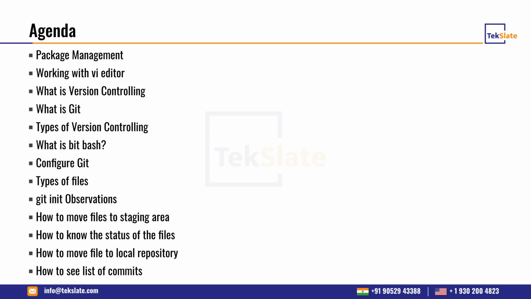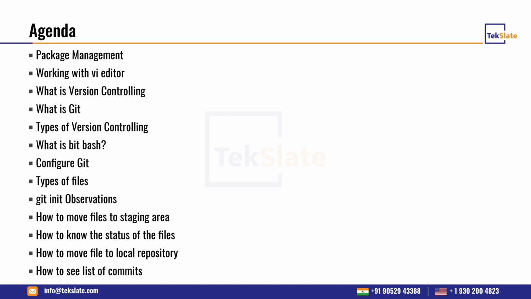In this course, I will cover package management, working with the VI editor, what is version controlling, what is Git, types of version controlling, what is Git Bash, configuring Git, types of files, git init observations, how to move files to the staging area, how to know the status of these files, how to move files to the local repository, and how to see the list of commits.